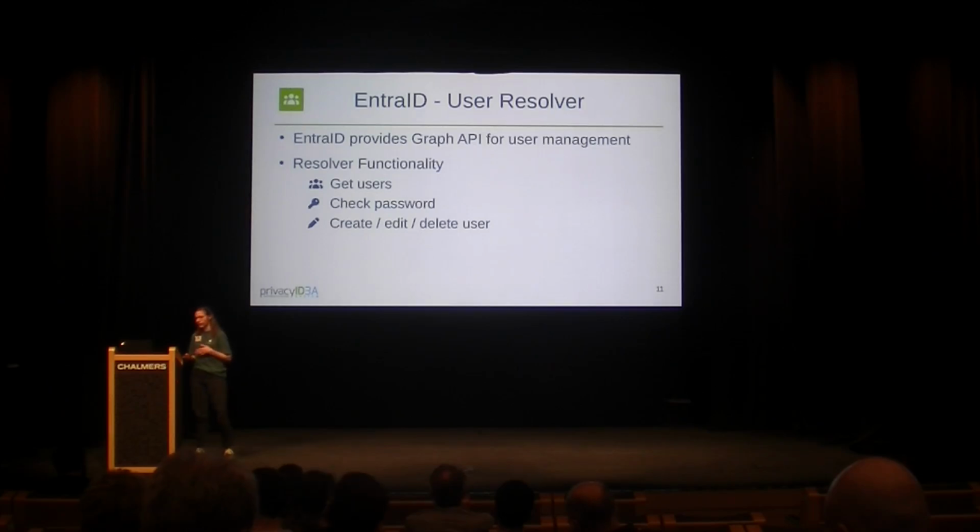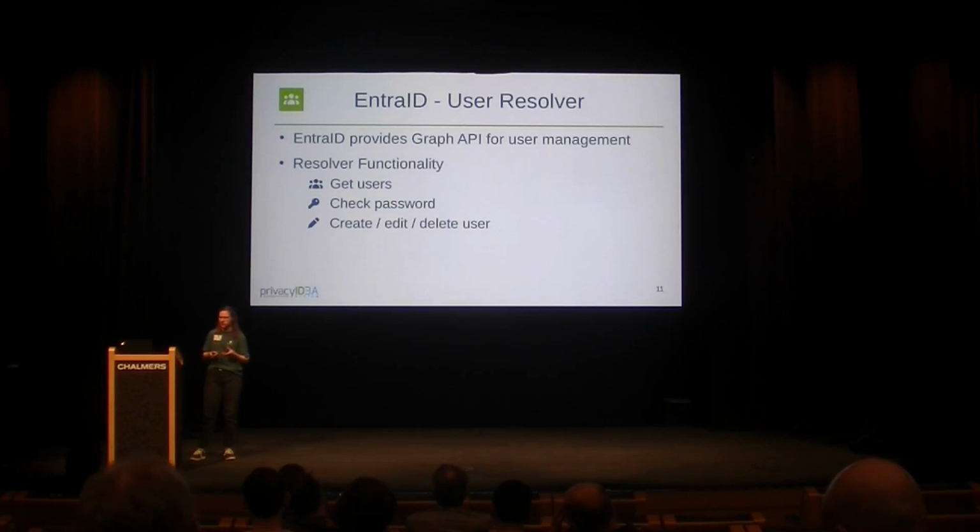Optionally, we also provide the possibility to create, edit, and delete users, which might be helpful if you want to do some small stuff, but as we are not a user store, these might be a bit limited, so we are mainly focusing on getting the users and checking the passwords.